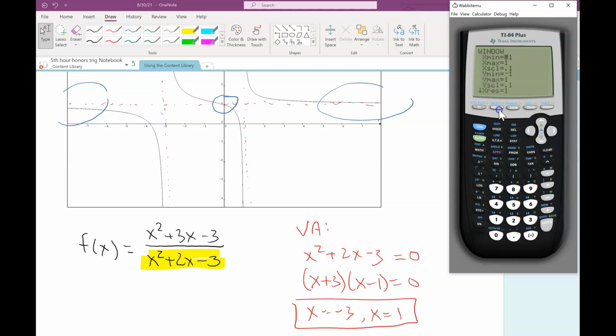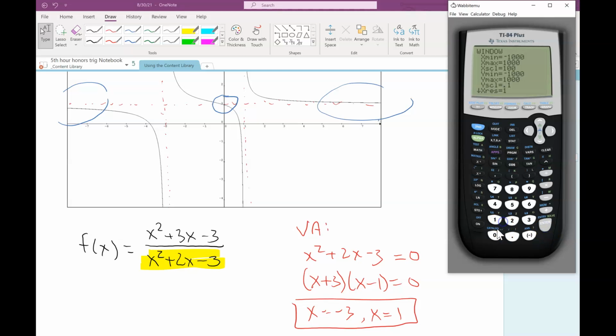And then I'm going to graph this on the window from negative 1,000 to positive 1,000, probably going up by hundreds just so I have some tick marks to add a little sense of scale. And then I'm just going to hit graph.